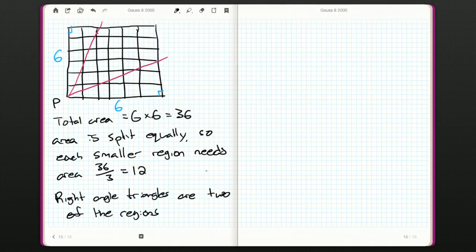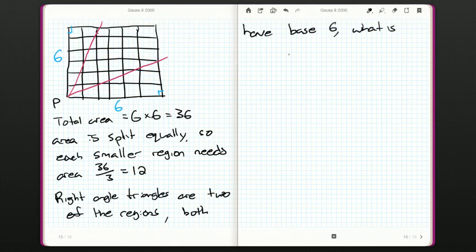So two of our regions are right angle triangles. Both have a base of 6. What is the height?